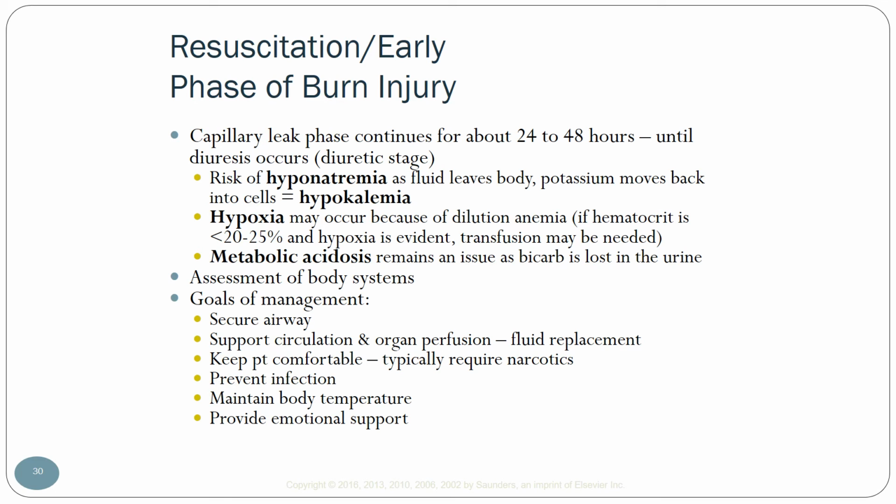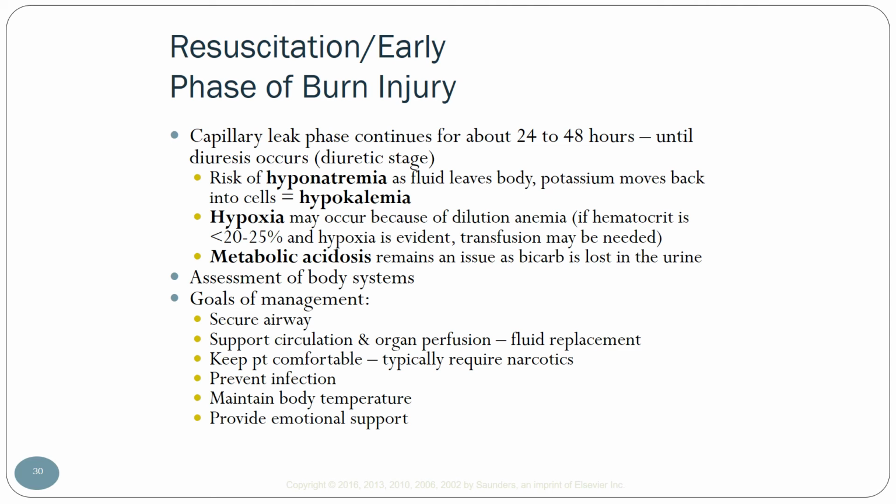Metabolic acidosis remains the issue. Okay, so in the initial capillary leak phase for 24 to 48 hours, we're concerned about it. But even through the diuretic stage, we're continuing to lose bicarbonate in the urine, and so metabolic acidosis remains our main concern. We need to make sure that we have an airway, that we're supporting circulation through fluid replacement, but we're not fluid overloading.